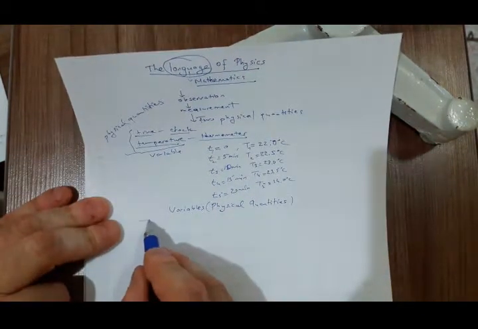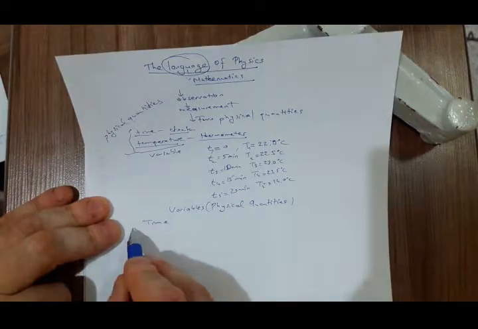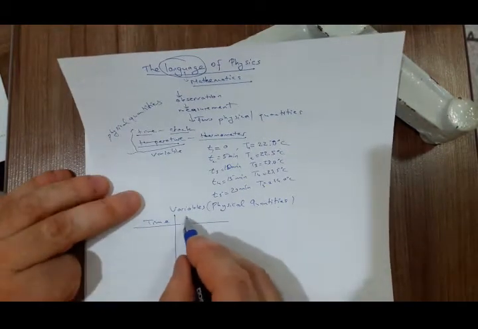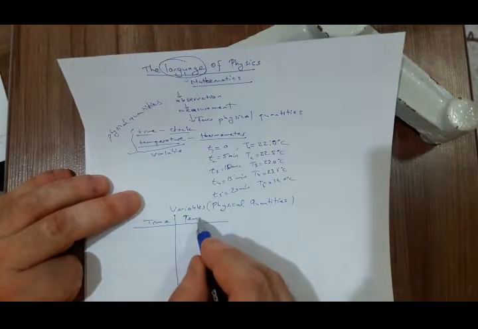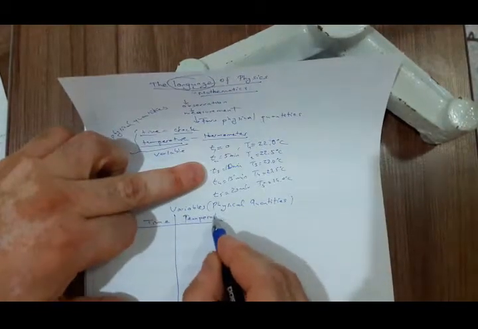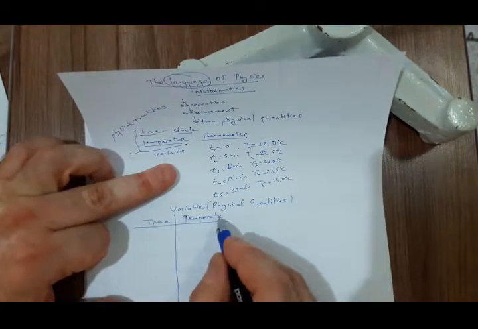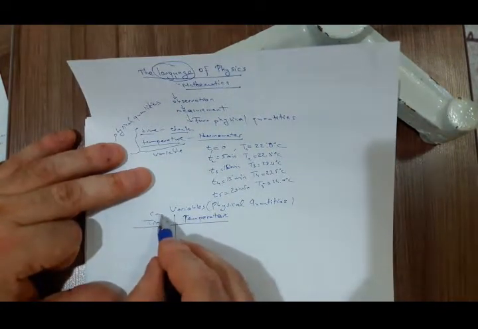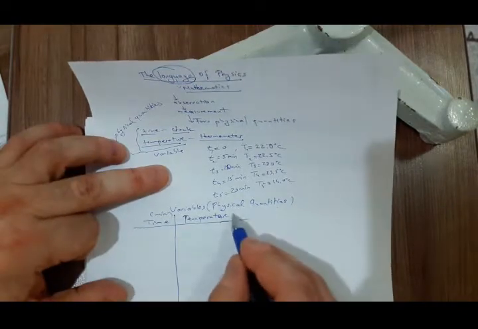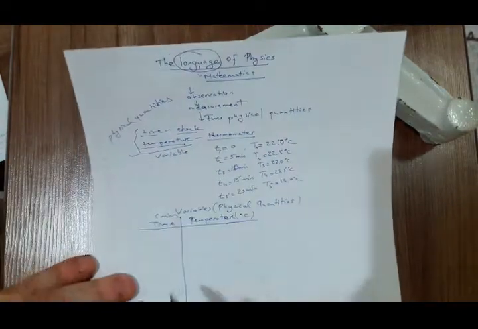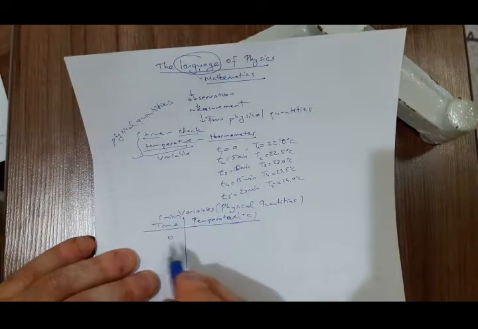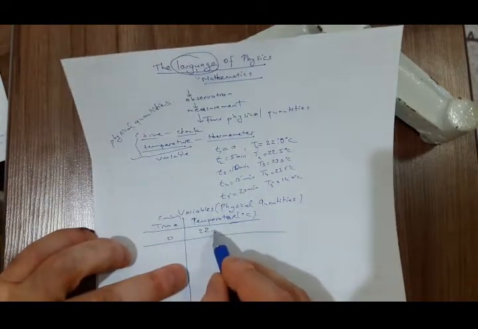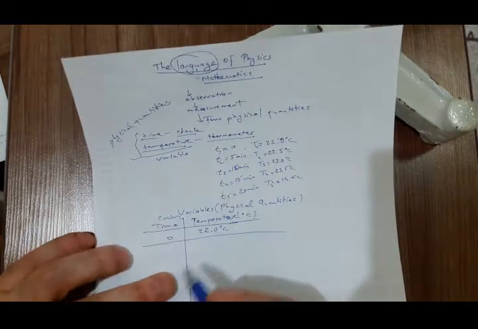One quantity was time, so we make a column for time. The second quantity was temperature, and we record the temperature in the following column. Time is measured in minutes and temperature in degrees Celsius. When time is equal to 0, we recorded the temperature of the classroom as 22 degrees Celsius.